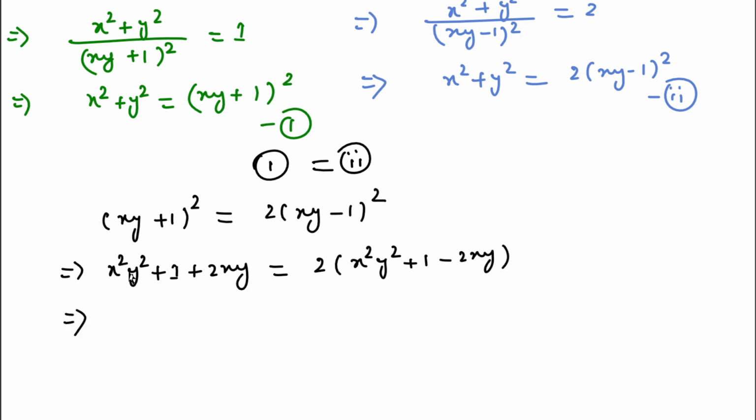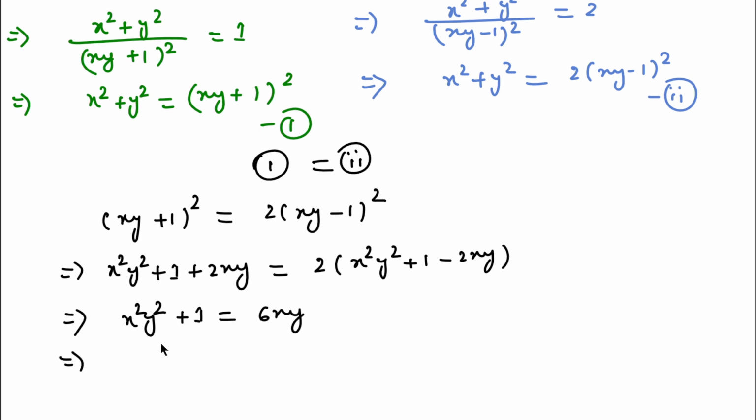and this x square y square comes this side, then this is subtracted from this 2x square y square, so we can write x square y square, and this one comes this side then becomes minus 1, and here plus 2, so 2 minus 1 which is plus 1, and this 4 minus 4xy will come to this left side, then plus 4xy and plus 2xy become 6xy.